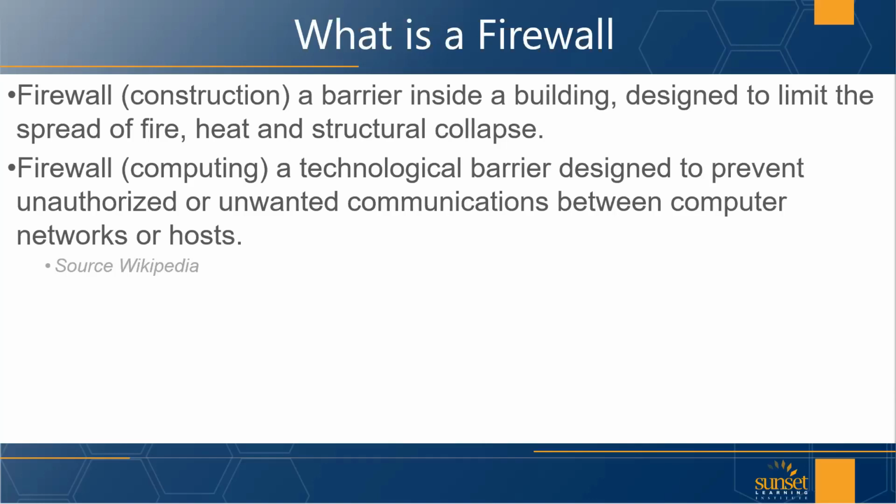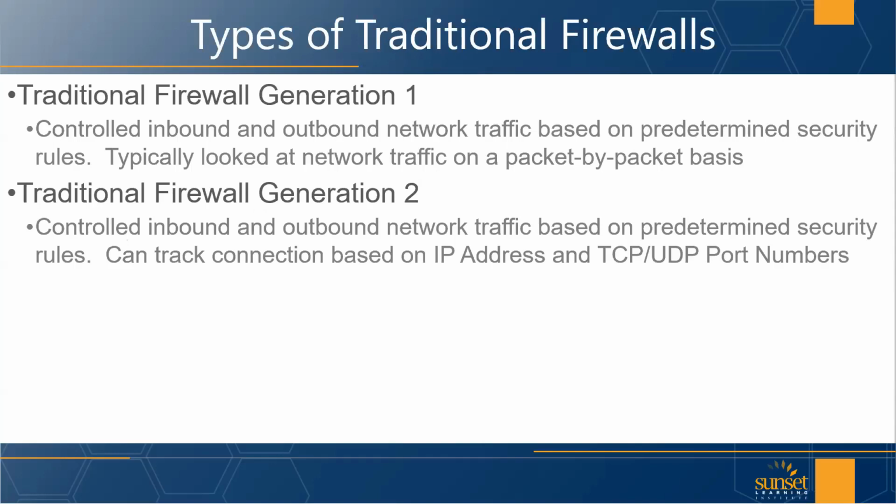It's a technological barrier designed to prevent unauthorized or unwanted communications between computer networks and hosts. And again, the source for that is Wikipedia. So really what we're talking about is a barrier. And what has happened over the years is how much intelligence is being built into this barrier. And that's what we're going to talk about here first.